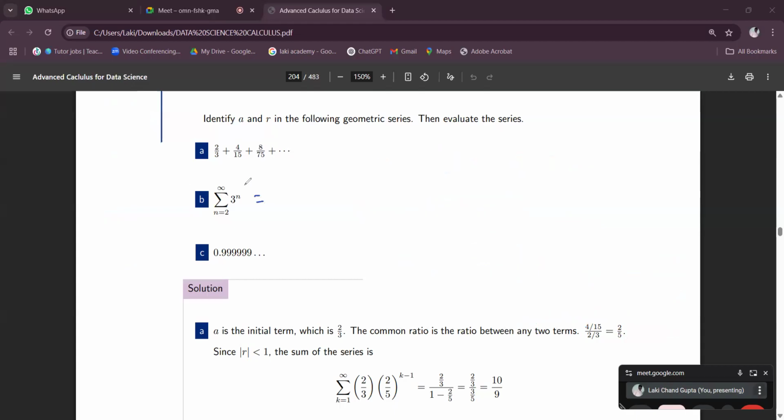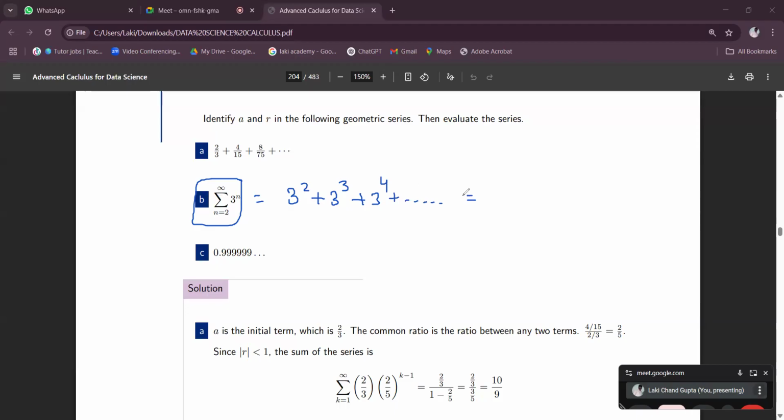If I ask you, find the summation of this series. Here, what will you do? 3 raised to 2, 3 raised to 3, 3 raised to 4, and so on. Okay. So, what will be the answer?